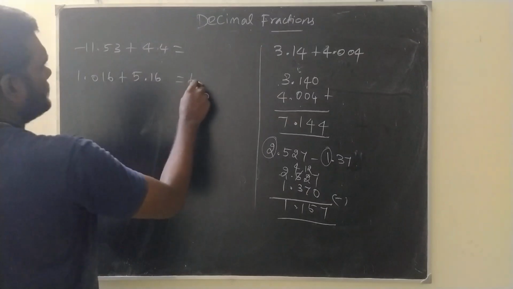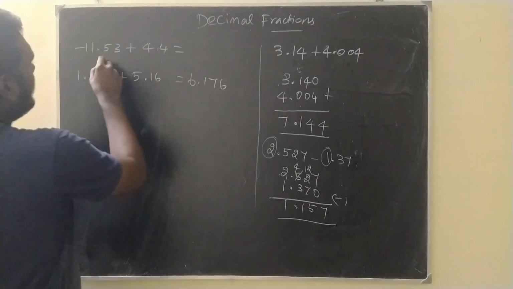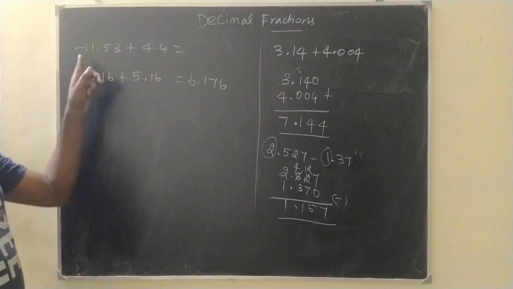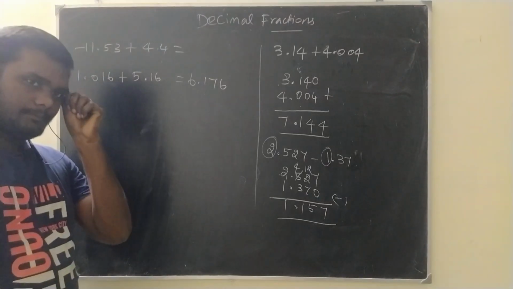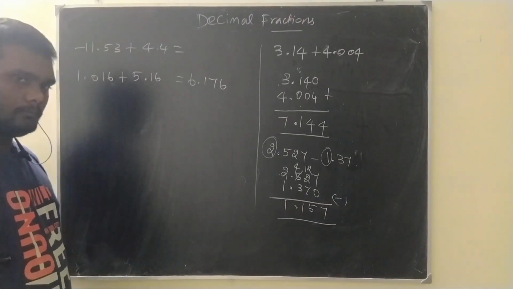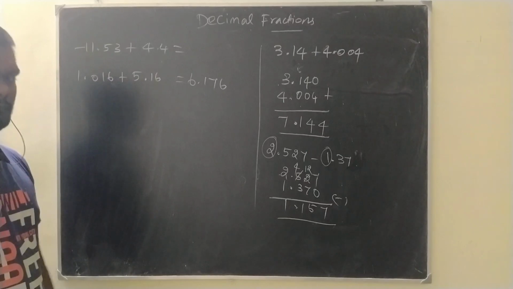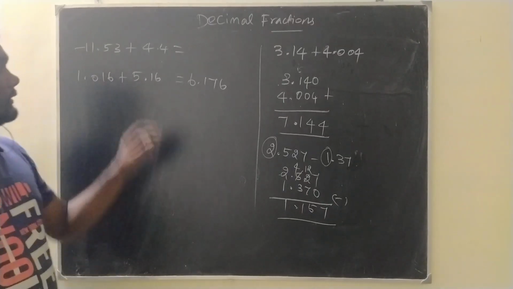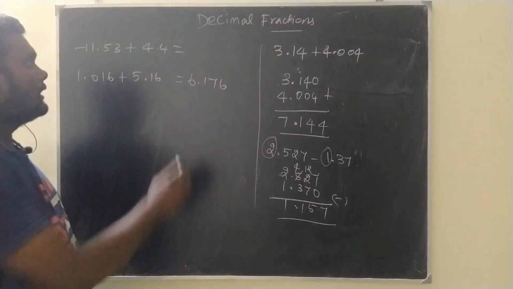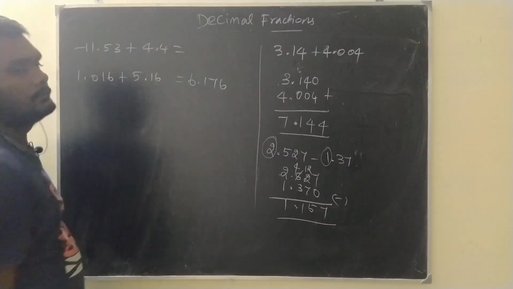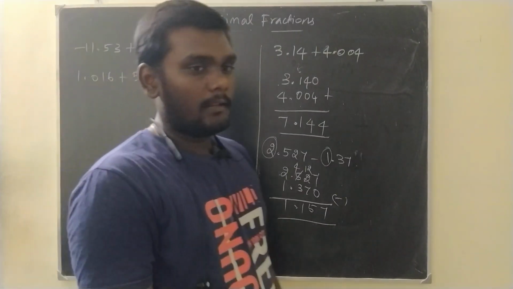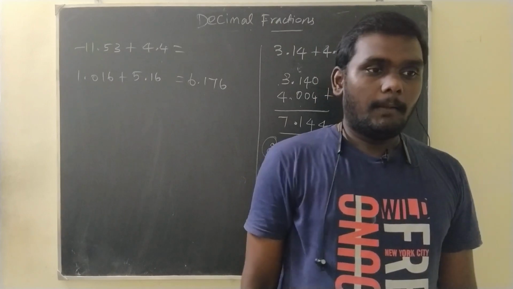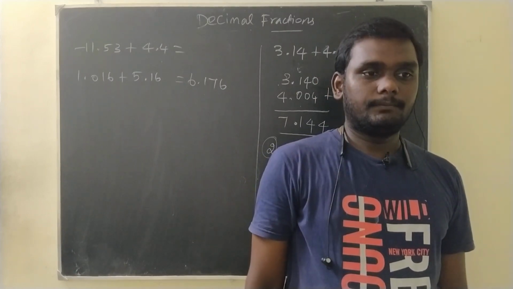$6.176, that is correct for this question. But for this question, can't you realize the negative sign is there? Then, no, that is also wrong. The numbers are of different sign, so what do we have to do? Subtract the smaller one from the bigger one. Remember?